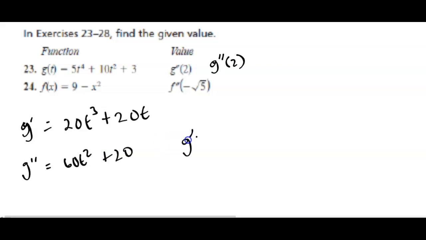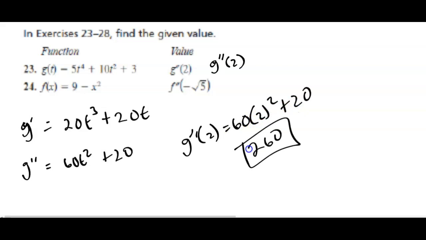So now we gotta evaluate for 2. So 60 times 2 squared plus 20, that's 4, that's 240 plus 20 is 260. Right there. I'll leave that one for you. That is the second derivative.